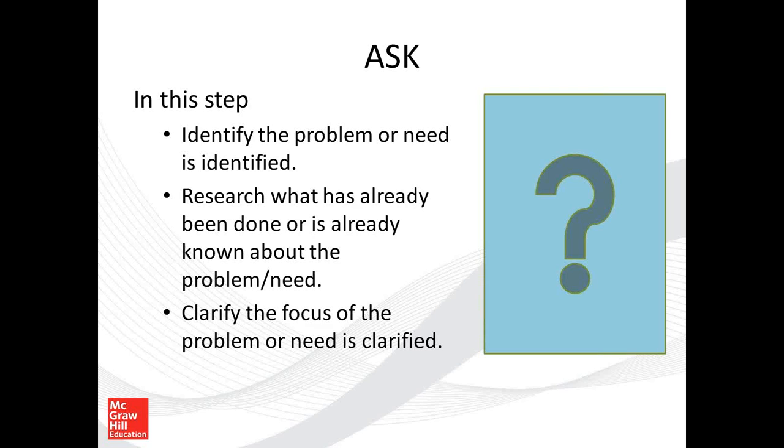There's too much information, they're not going to get a good research question. And then other times it's so narrow that there won't be enough information on the topic. So this is an important first step. And it's more than just the students noticing a problem, it's going ahead and doing the research to find out what is already known about the problem.